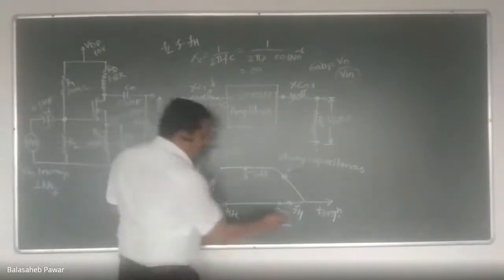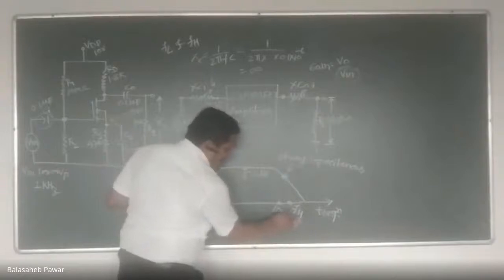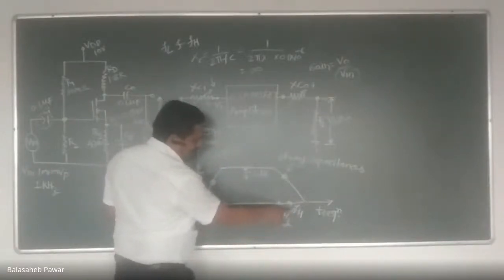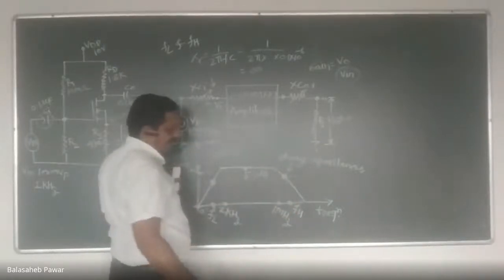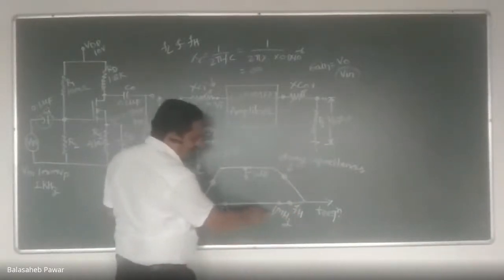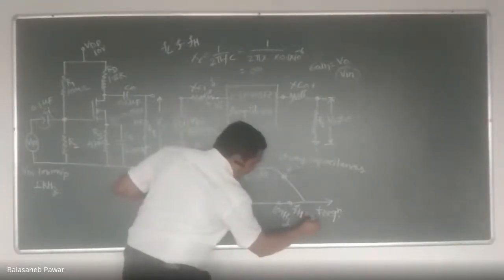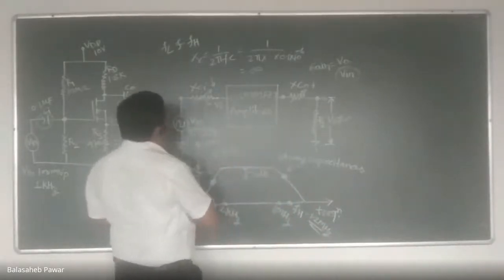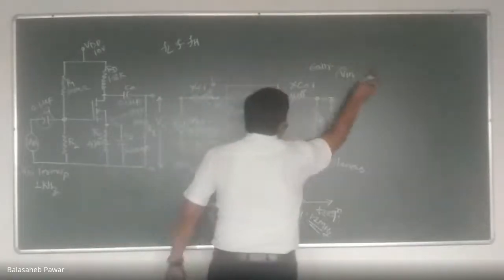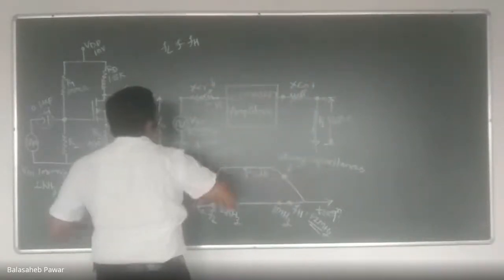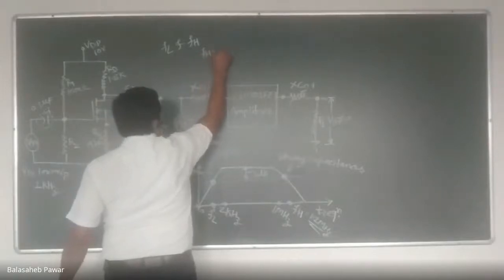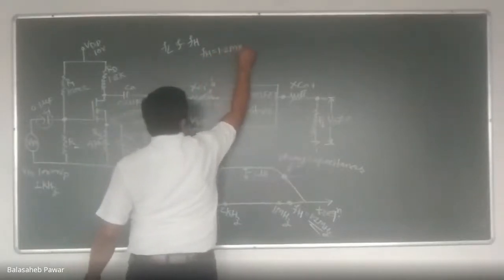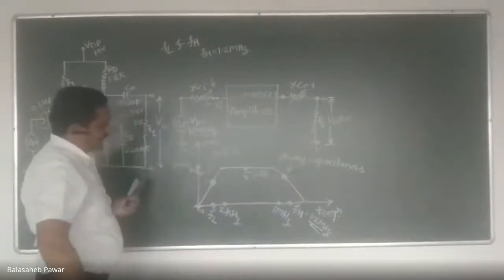Suppose this FH, again I will take an example. Remember this FH will surely be greater than the frequency after which the reduction in gain starts, which I considered as 1 mega. This is just an example. So suppose FH is 1.2 megahertz, as per this plotted curve.